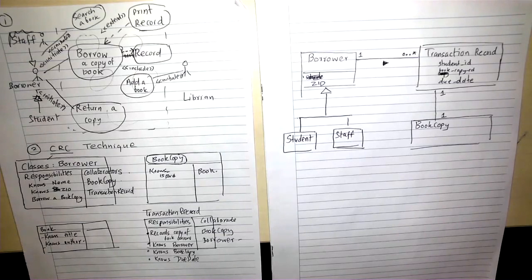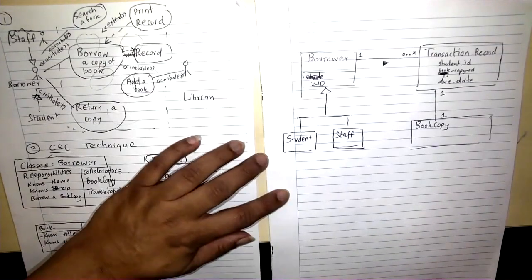You only do that if you think staff and student have to be modeled with more specific attributes or methods. Let's assume there are some additional things that a staff can do. Perhaps they can borrow the book for an extended period of time. They've got some additional behaviors, so you decide to have a subclass.